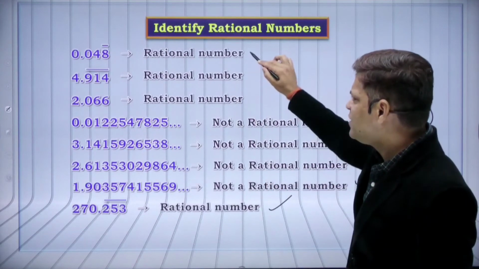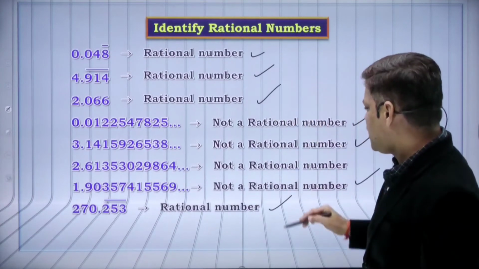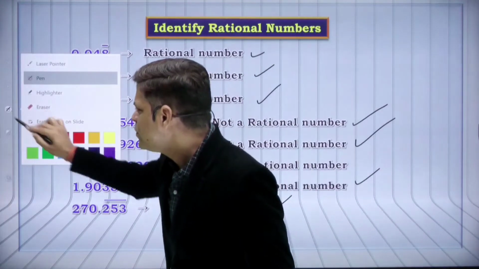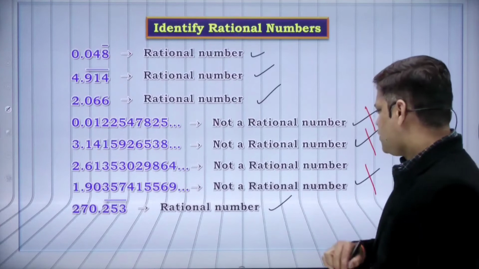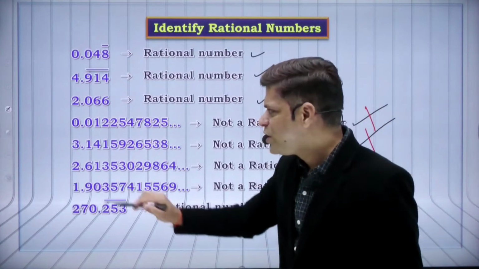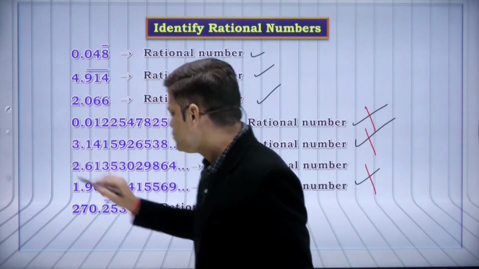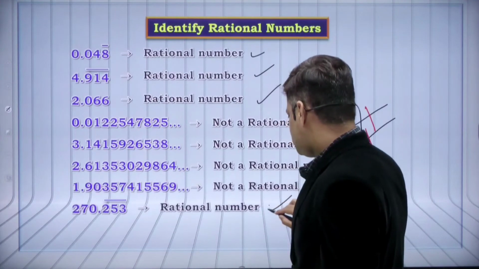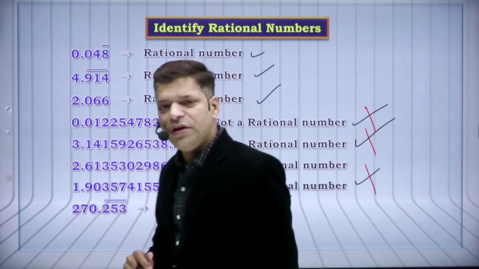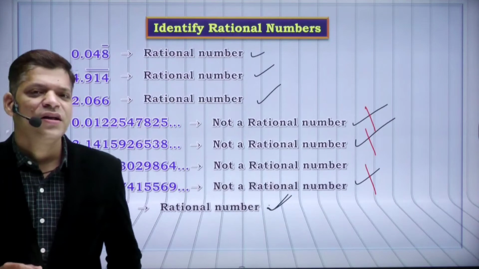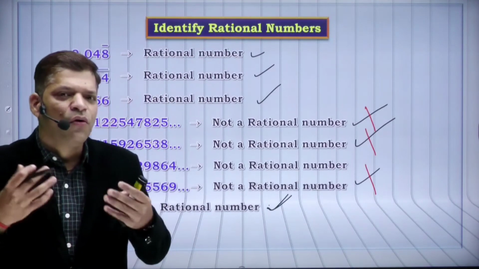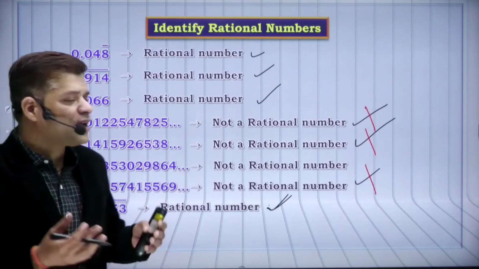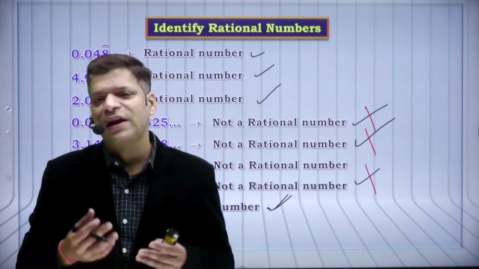So we can see that these are rational numbers, and for these numbers we can find that these are not rational numbers. Okay, these are not rational numbers, right? So here we identify how we can evaluate or how we can find whether the numbers are rational numbers or not.